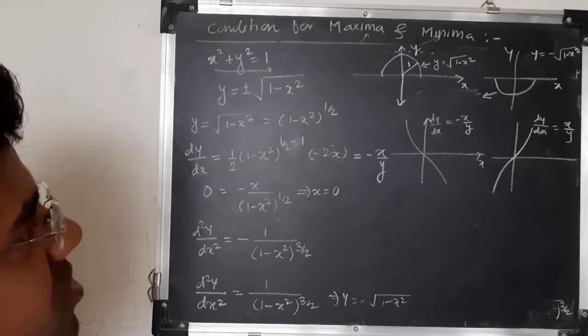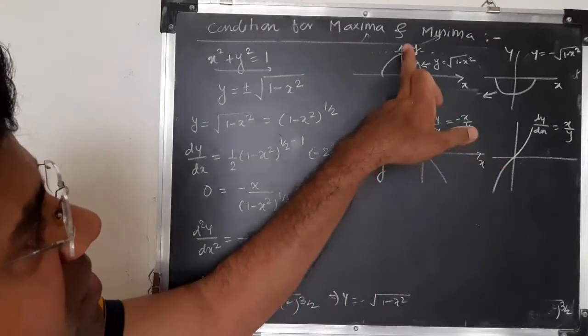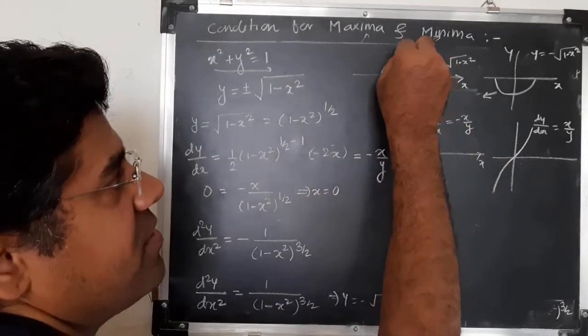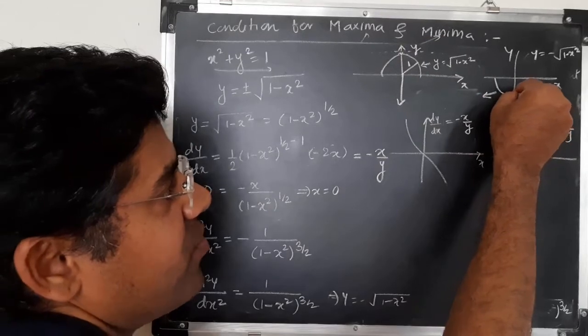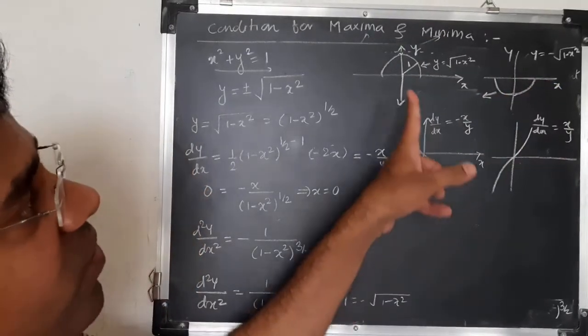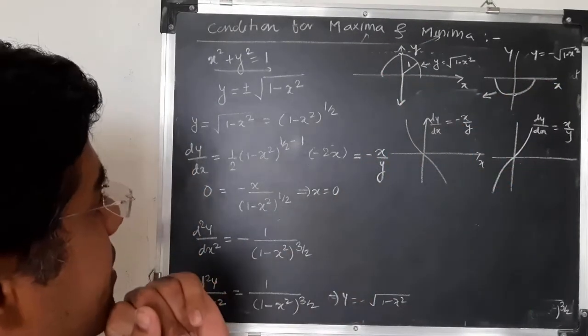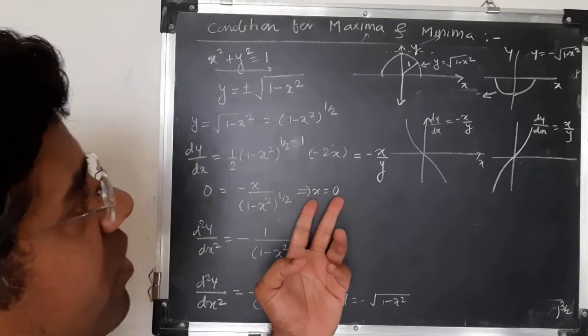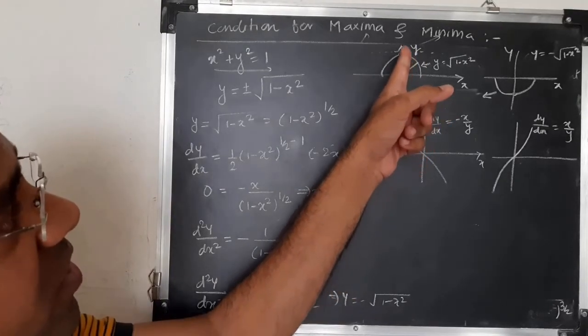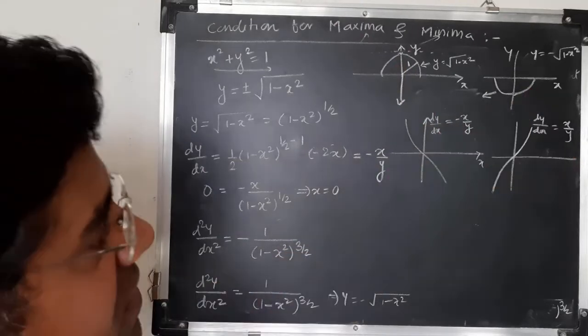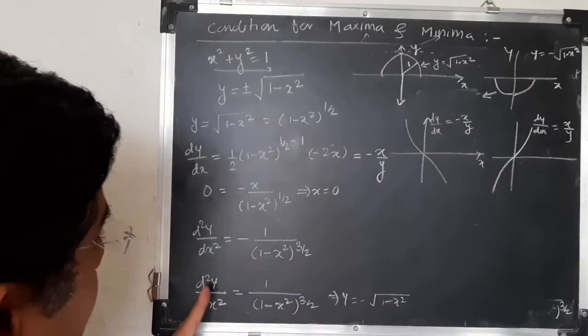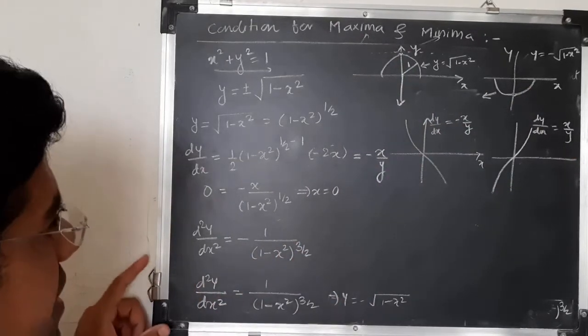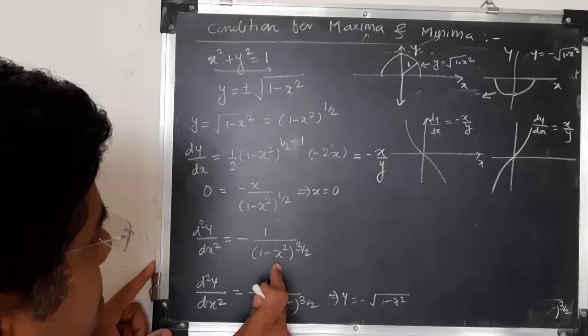Okay, so you will get 2 points. This is 1 point and this is your another point. We want to find out where is the maxima and where is the minima, because interestingly you will get x equal to 0 for both. 1 point is here, 1 point is here. So we have to check the second condition, x equal to 0.